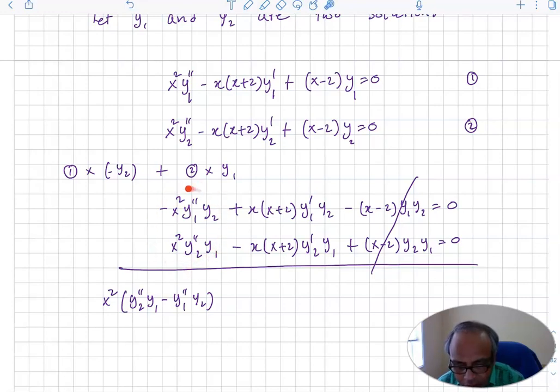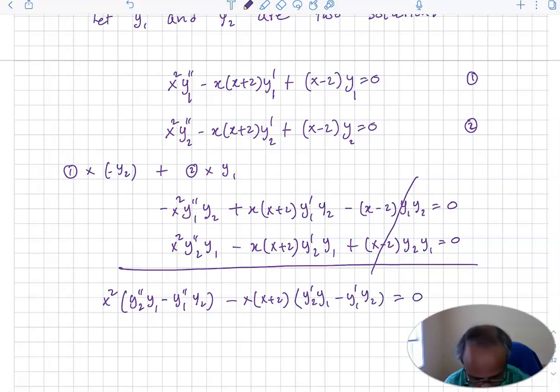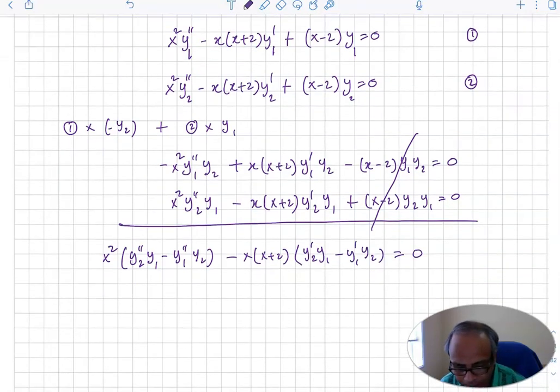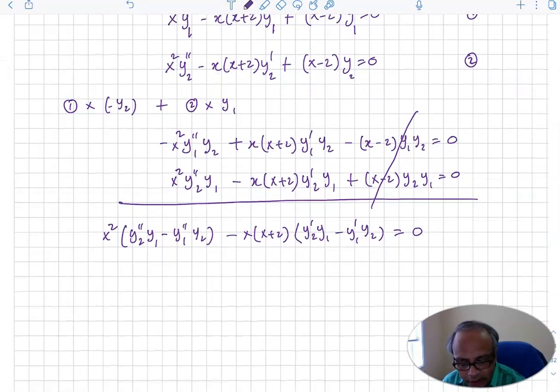So you take those two terms and take x squared out. Similarly, here you also take x times (x plus 2) out, and then you get (y prime 2 y1 minus y prime 1 y2) equals 0. Okay, so let's leave it here.